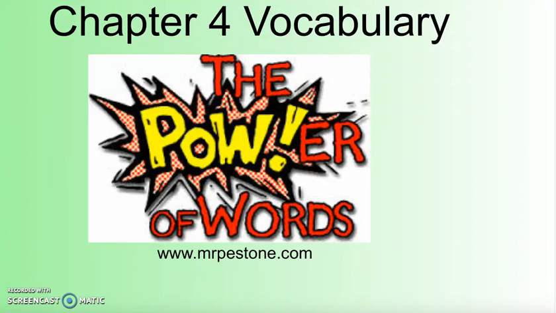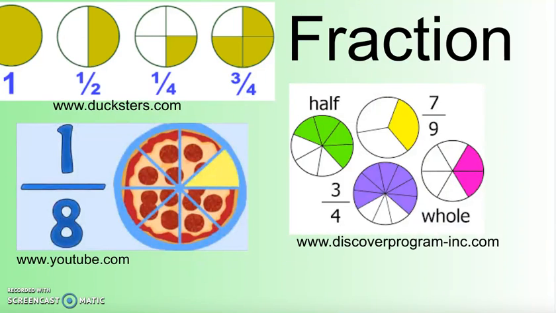So let's start off with our first word, and the first word is fraction. Now we worked a lot with fractions because our entire chapter had to do with rational numbers, and rational numbers can be written as a fraction. And so here are some examples of fractions.